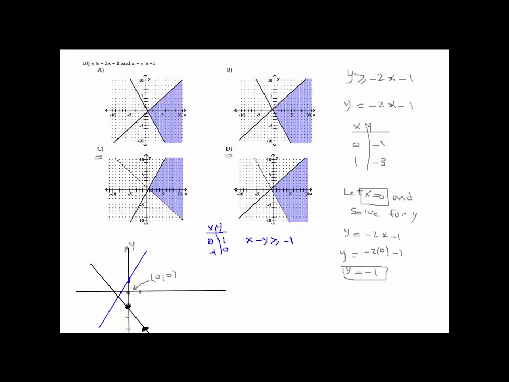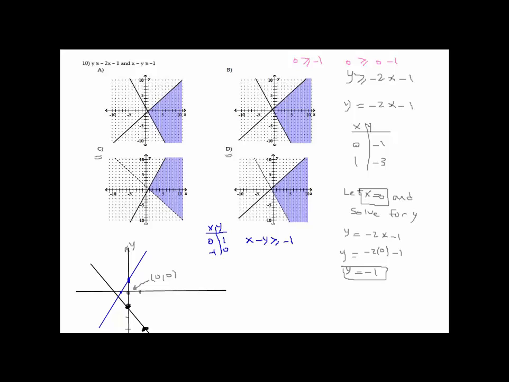If I put 0, 0 for the first inequality, 0 greater or equal to, that would be 0 minus 1. Is it true that 0 is greater or equal to negative 1? 0 is greater than negative 1? Yes, everyone? Yep, somebody says yes. Okay, so that's good.